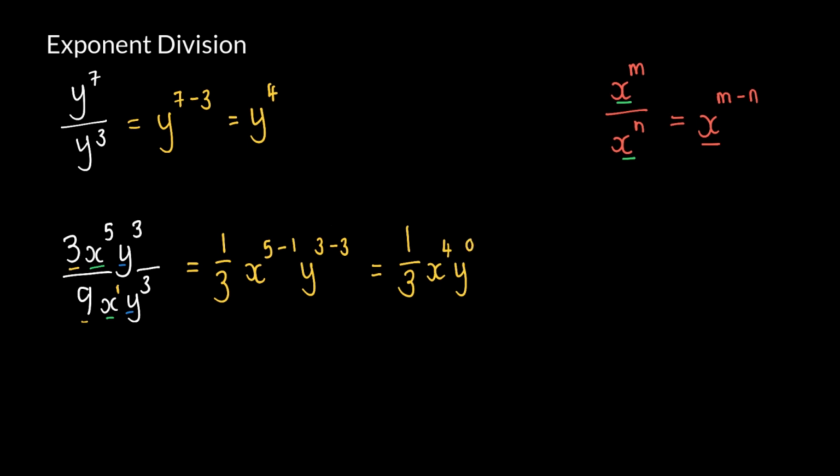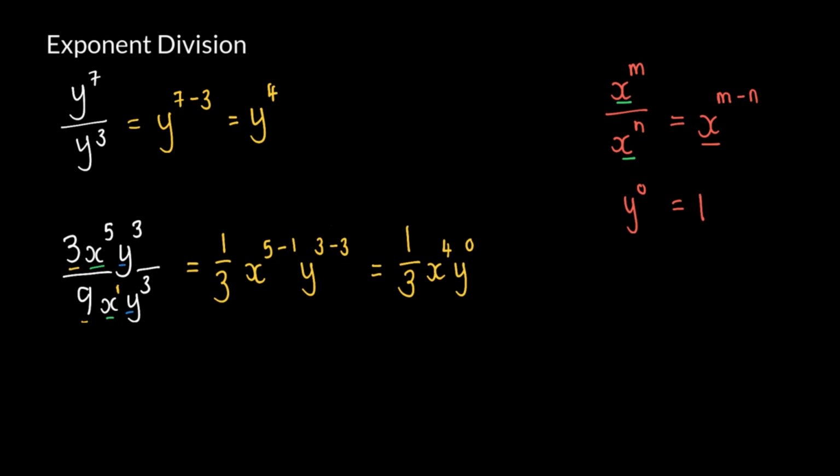Now we could say we're done here, and that's fine, right? But there's another mathematical rule that says any number, y in this case, to the power 0 is equal to 1. Every number, x to the power 0, z to the power 0, t to the power 0, 200 to the power 0, is equal to 1, which means this y over here is actually equal to 1.